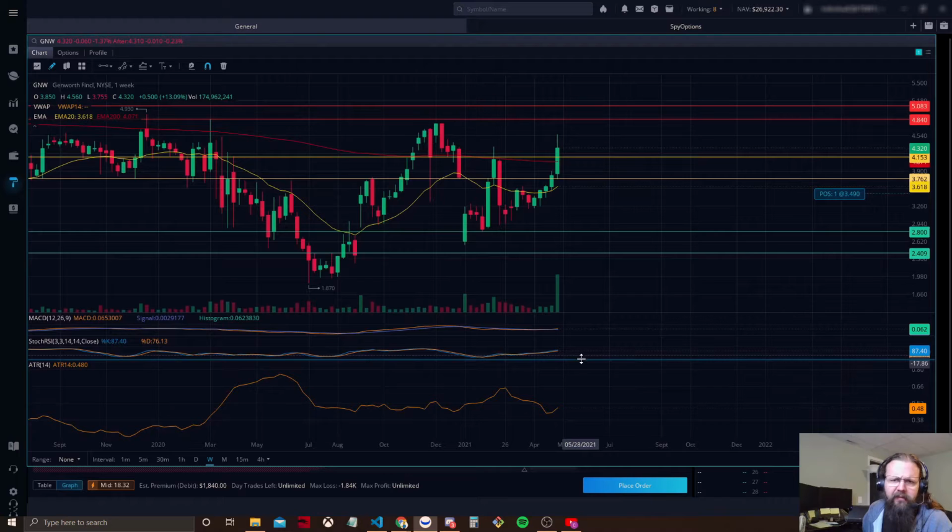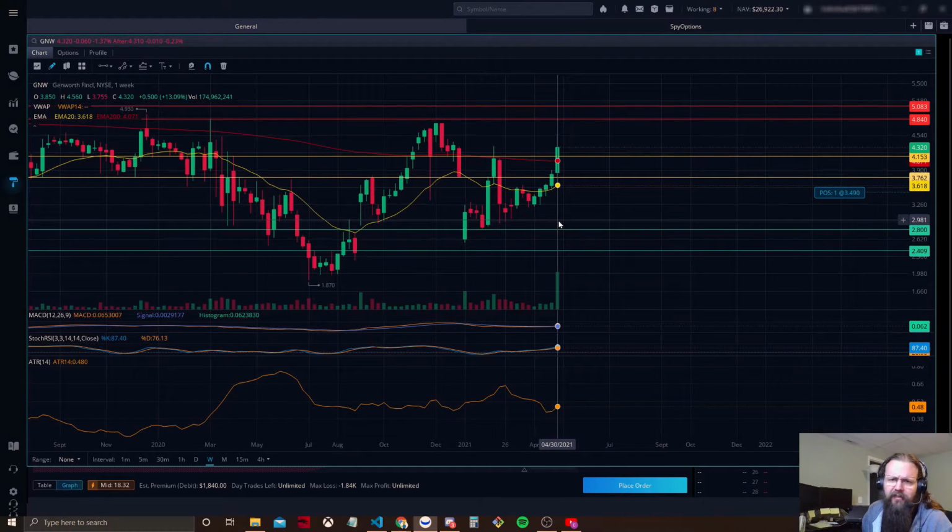We're still on the weekly. Each of these bars is a week. Had a pretty powerful week, so the odds of it having another huge green candle. There's two in a row here, though. Nice little uptrend.